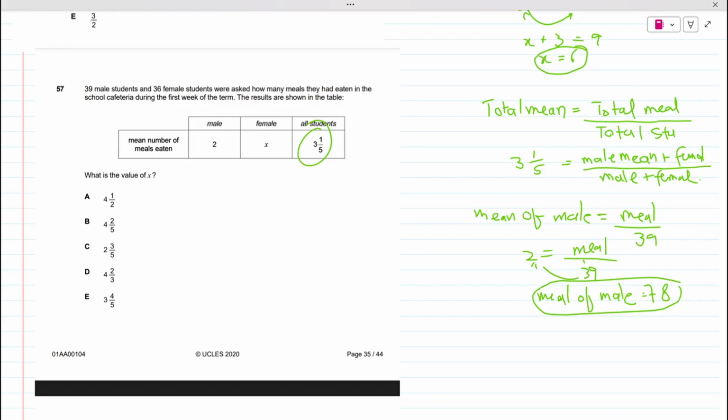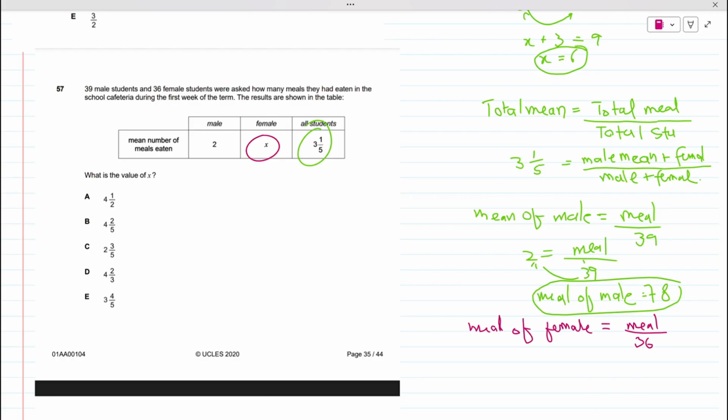Now we are supposed to find female meal as well. So for finding the female meal, of course, we are supposed to use the same formula. So mean of female is equal to meal by total number of female, which we have as 36, right?